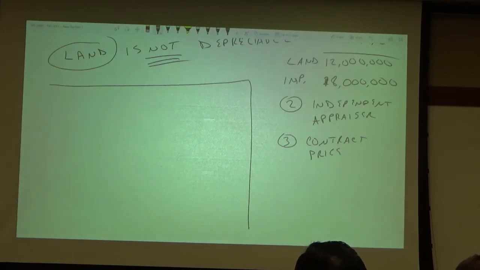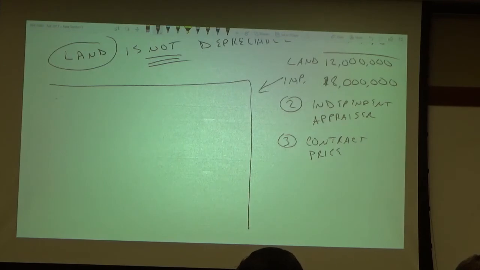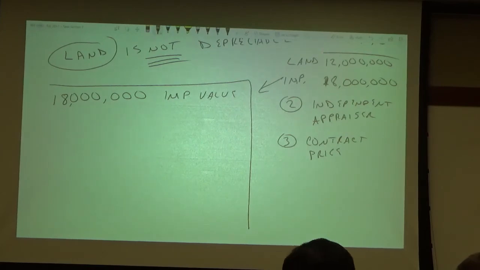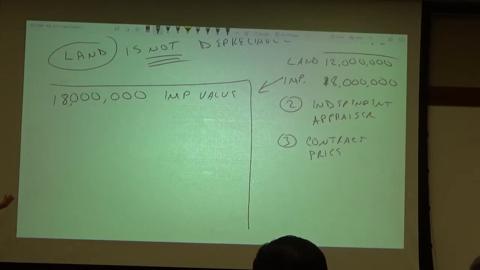Right. Okay, so let's just take this value, since it's a nice round number, of 18 million. This is our improvements value, meaning that is also our depreciable value. Okay? So this particular property type, what is it? Did we ever say what kind of property it was? Let's say it's commercial.